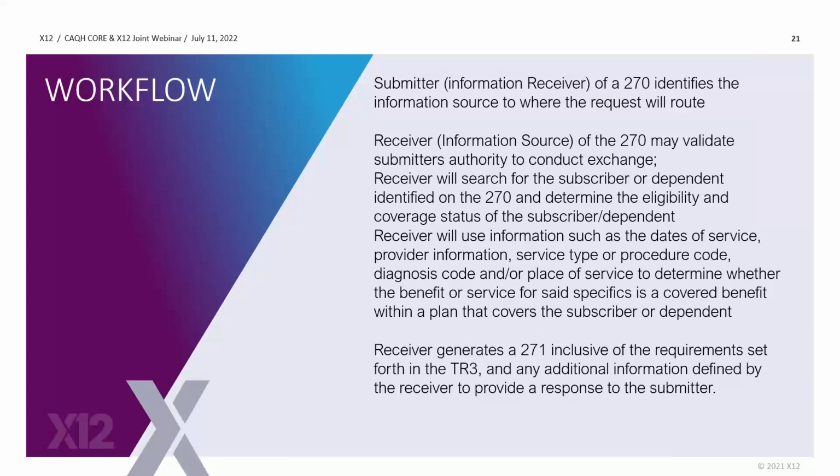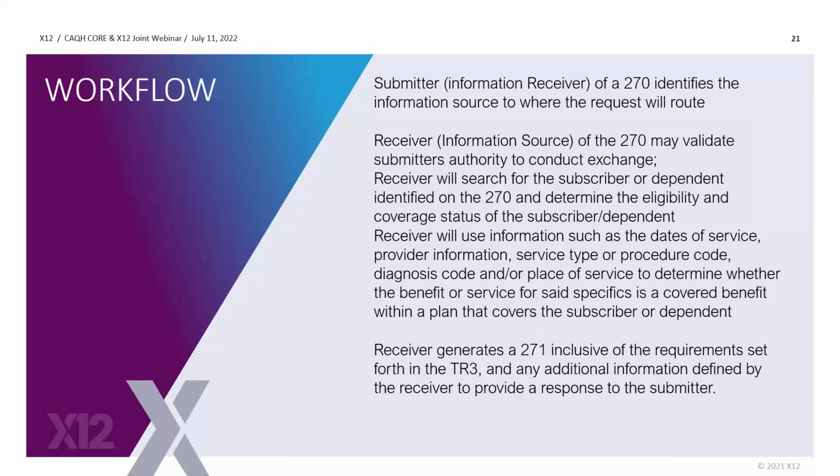That receiver will search for the subscriber or dependent that was in the subscriber or dependent area of the 270 and determine the eligibility or coverage status of that subscriber and dependent. The receiver will use some of the information, like the date of service that came in on the 270, potentially the service type or procedure code, the NPI of the provider that might be looking for information.